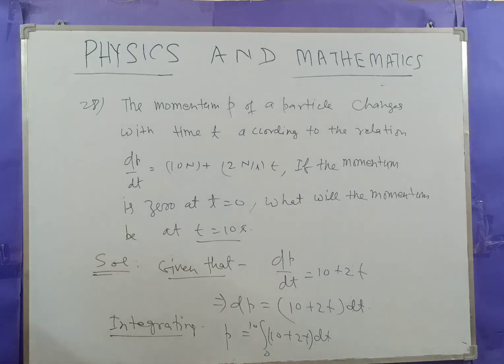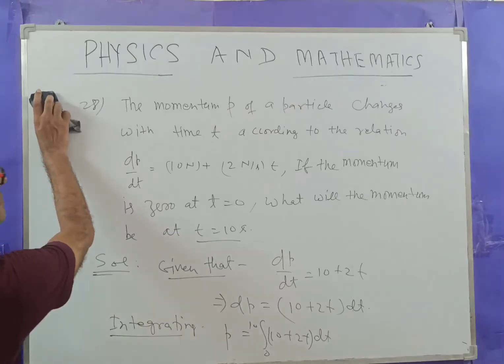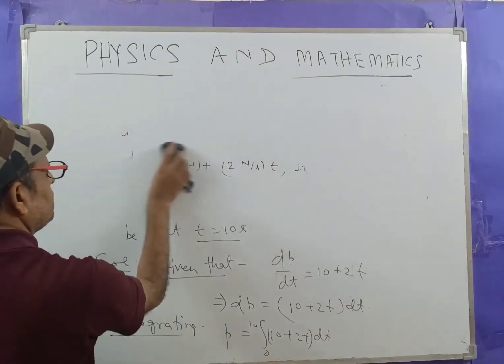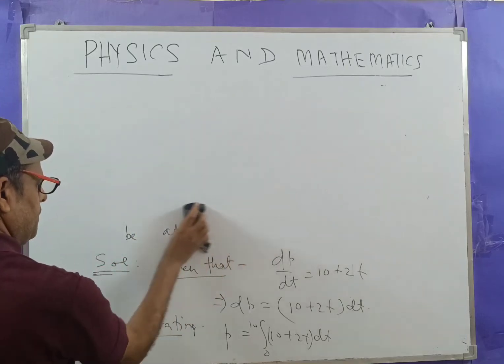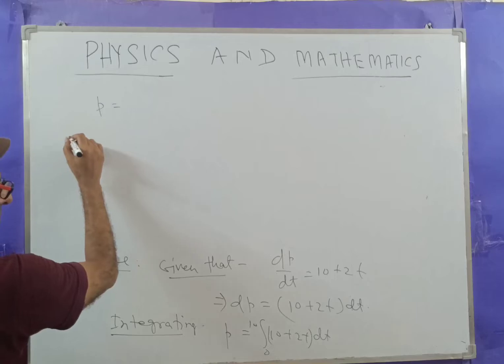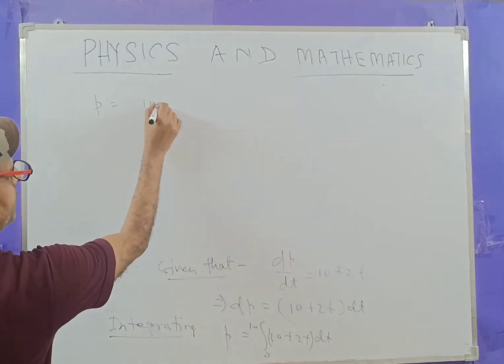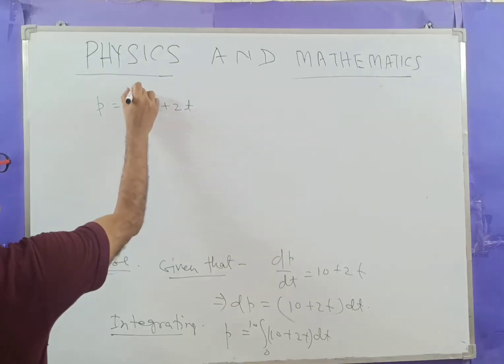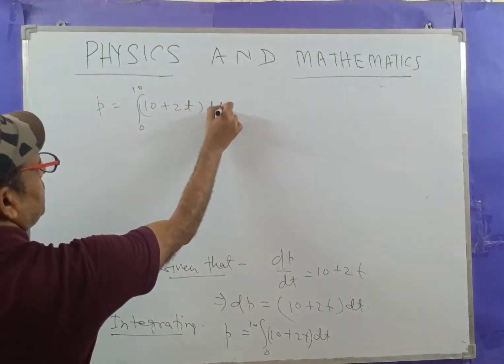This is the question. Read it carefully, then approach like this. P is equal to the integral from 0 to 10 of 10 plus 2t dt.